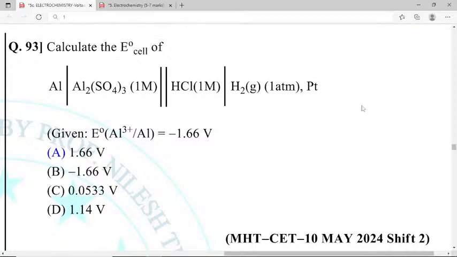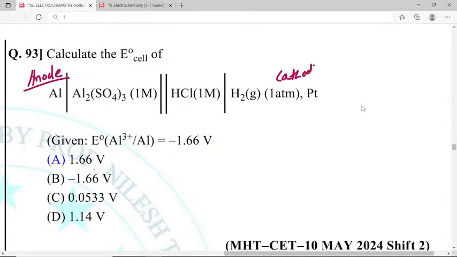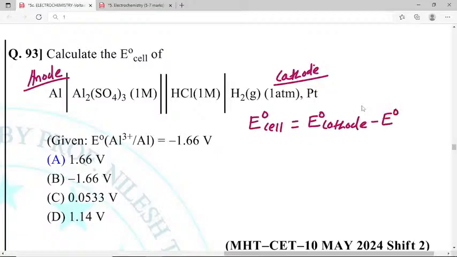Next question, calculate the E naught cell. This is anode. This is cathode. So what is the formula? E naught cell is equal to E naught cathode minus E naught anode. So what is the cathode? Cathode is SHE, standard hydrogen electrode, minus E naught of anode.